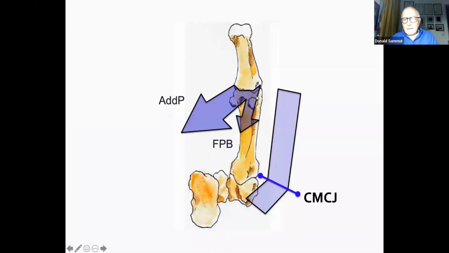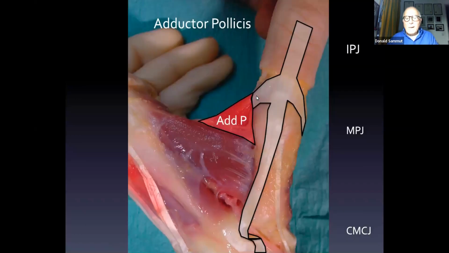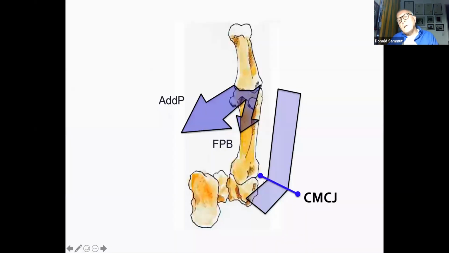And through it, let's go back, and through it will influence all three joints. So through that hood, through the long extensor, it will tense up the interphalangeal joint. It will stabilize and slightly flex the MP joint. But its main lever arm is on the carpometacarpal joint. You can see the mechanical advantage it has and why I call it the pectoralis major of the thumb, really. It's a very powerful adductor of the thumb.